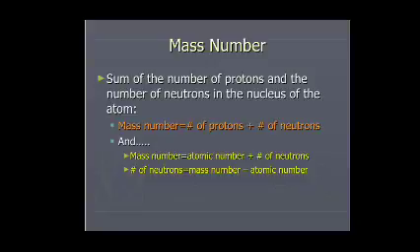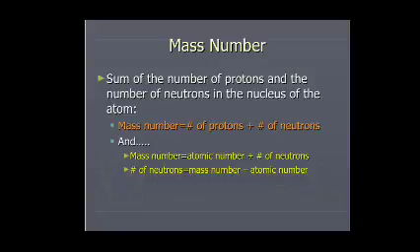Mass number is equal to atomic number plus number of neutrons.